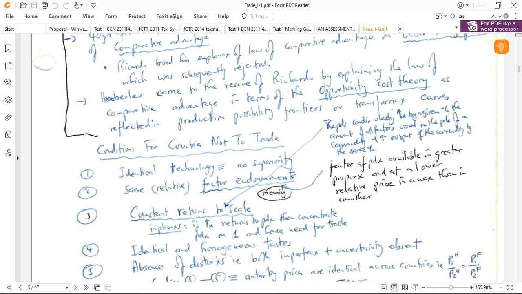Okay, the other thing is, if we have constant returns to scale, you increase your inputs by 10%, your output also increases by 10%. I can do the same. In short, when you have constant returns to scale, it's difficult for countries to trade. Why?